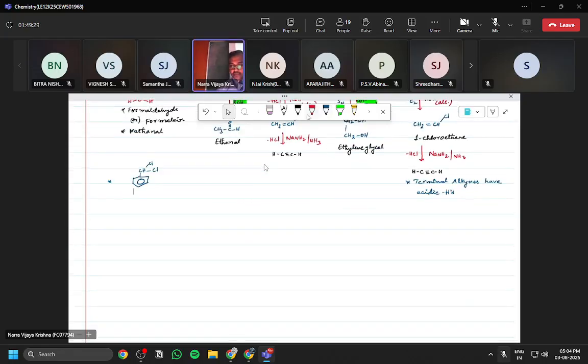Now see this. This is also... What is this? If I use aqueous KOH, what will you get? Can we get benzaldehyde?